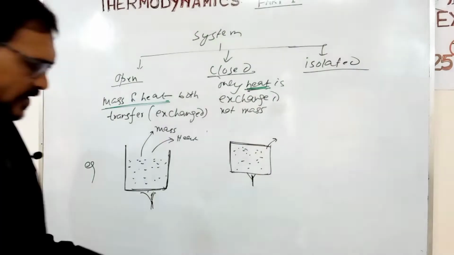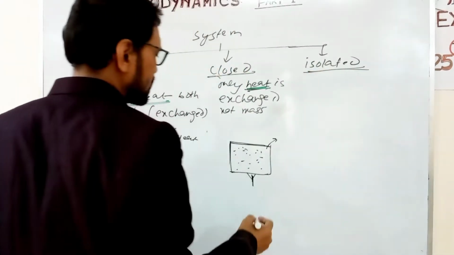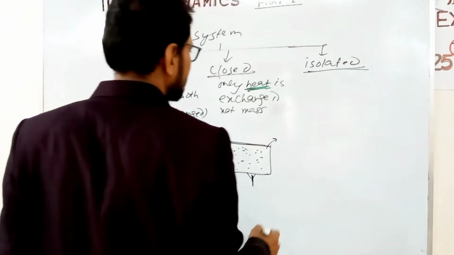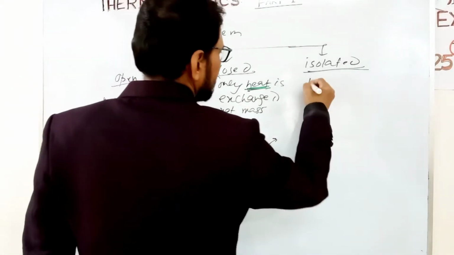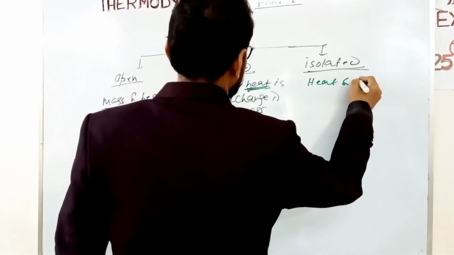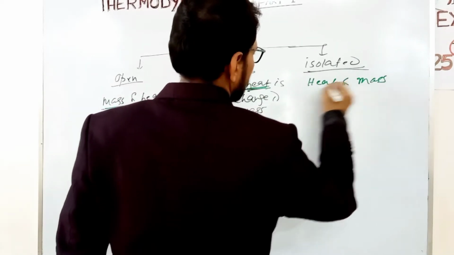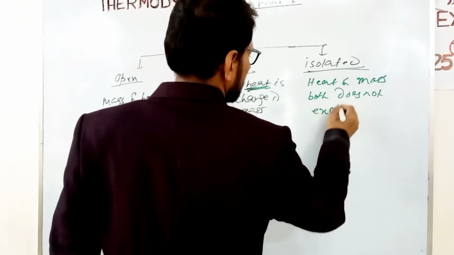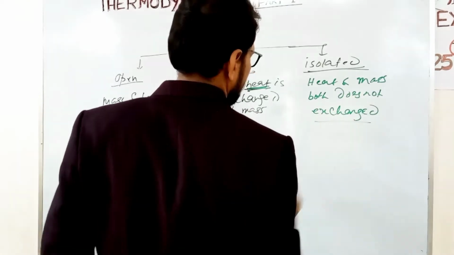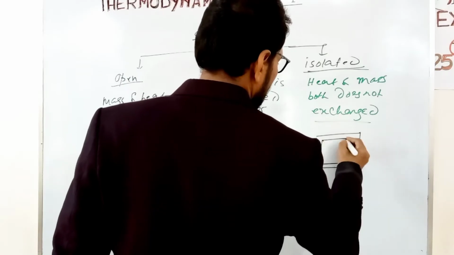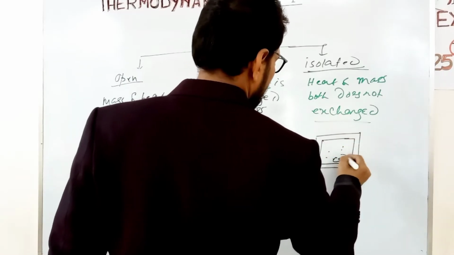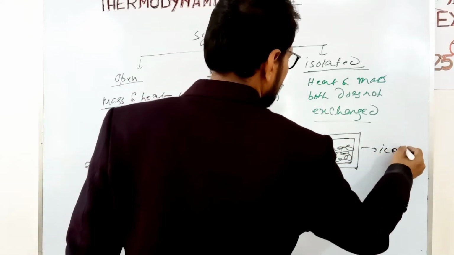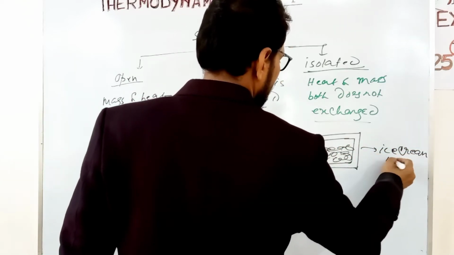And what is an isolated system? In an isolated system, heat and mass both are not exchanged. Example: suppose this is an ice cream box container.